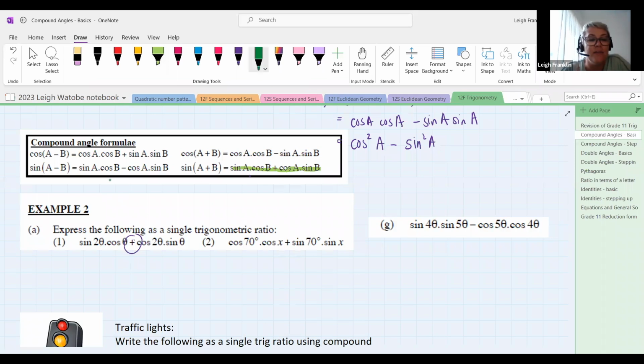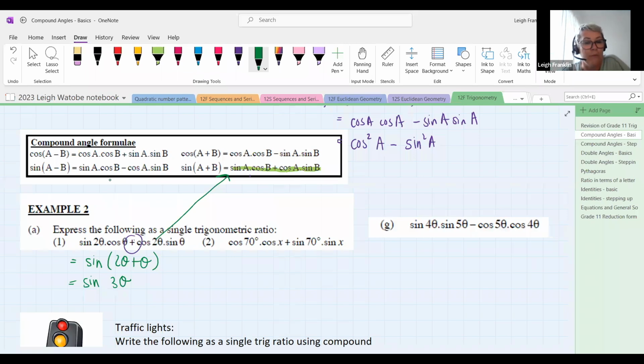So now we can see that these two are identical to one another. That means we're allowed to do the reversal of the expansion. So we can write this as sine of 2 theta plus theta.